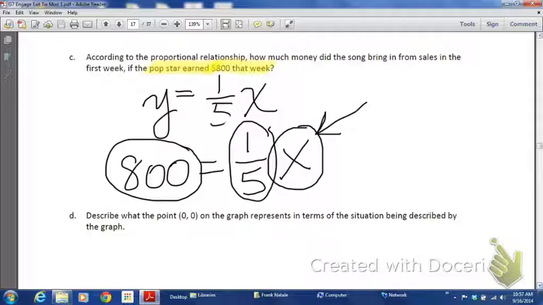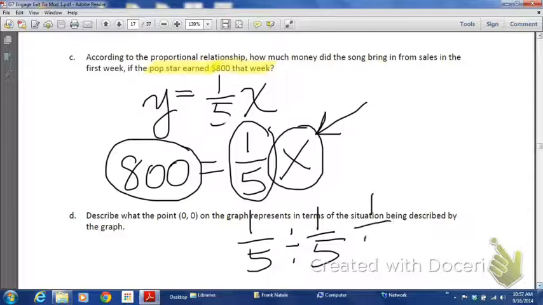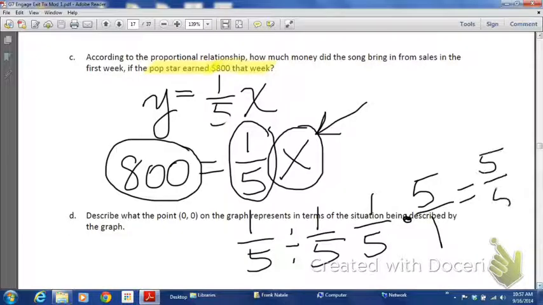So this x is going to be on this side alone by, if you remember, dividing by 1/5. Okay, because remember, 1/5 times 5 is going to give you 1, so that's going to be 1x. But remember now, when we divide by 1/5, what are we doing? We're actually multiplying by the reciprocal. Okay, and that's of course going to equal 5/5, which equals 1.